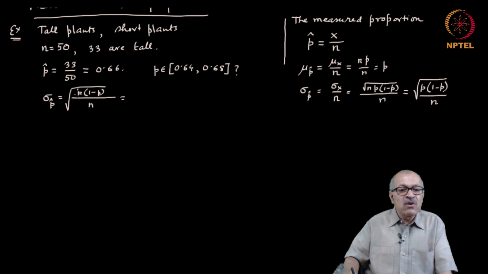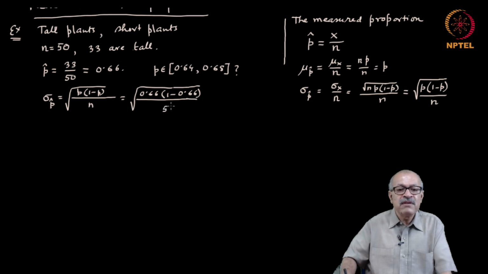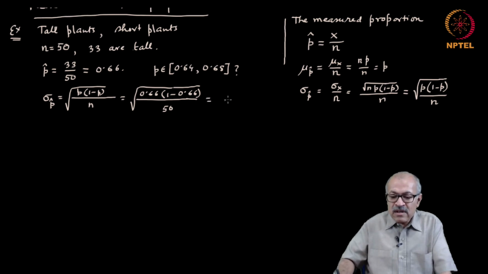Now, p we do not know, therefore, we substitute by whatever we have measured, which is this. So, it comes to be 0.66 times 1 minus 0.66 divided by the number of samples we have taken, 50, okay? And that turns out to be 0.067, okay?